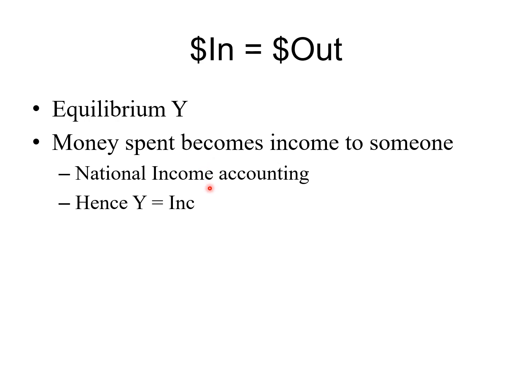So money spent becomes income to someone. National income accounting, counting the income that people make, is going to get you to the same place as counting the output that they produce. Just rest for a second and think about that: money out from someone becomes money in for someone else. And that's why the two things balance.